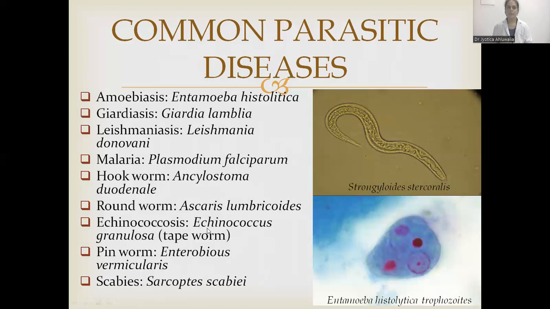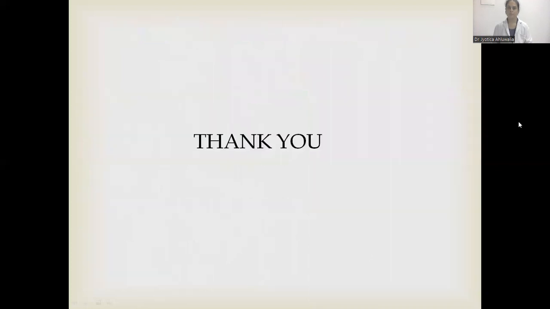Echinococcosis is caused by Echinococcus granulosus, which is a tapeworm, and the pinworm, it is caused by Enterobius vermicularis. The scabies is caused by Sarcoptes scabiei. In the diagram, you can see the Strongyloides stercoralis and also the Entamoeba histolytica trophozoites, which are seen under the microscope.